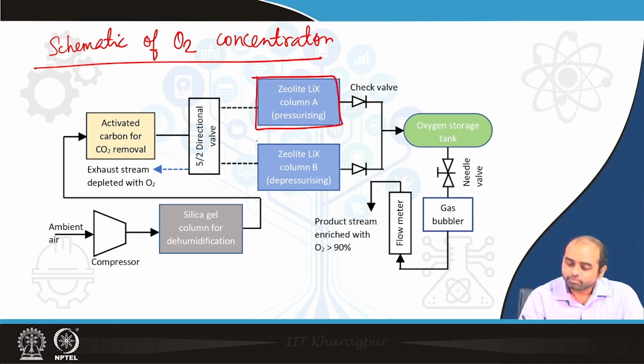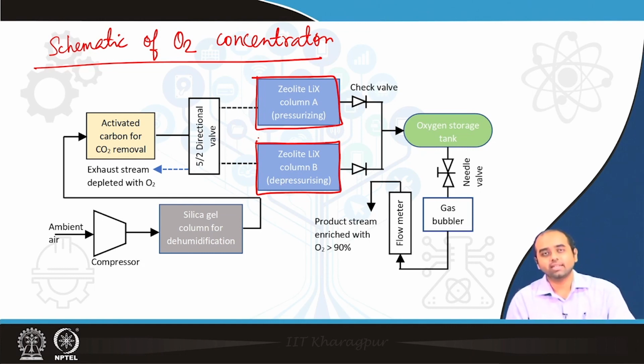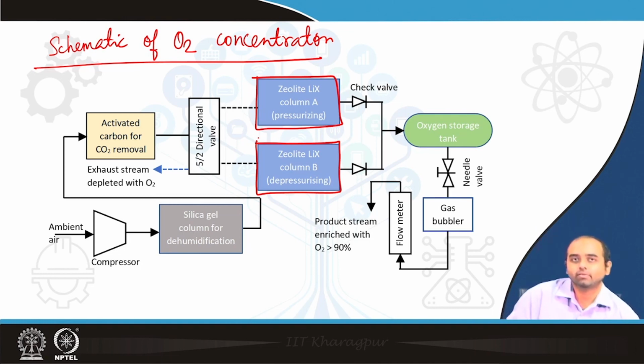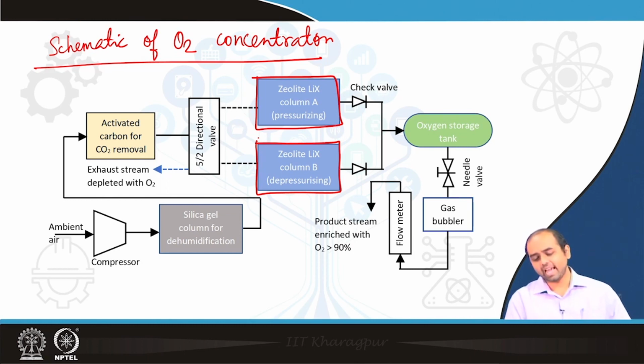Why two? Because if one of the columns is in a pressurizing cycle, the other will be in the depressurizing cycle or in a regeneration state. So there is continuous production of oxygen and there is no gap or pause in the cyclic process.